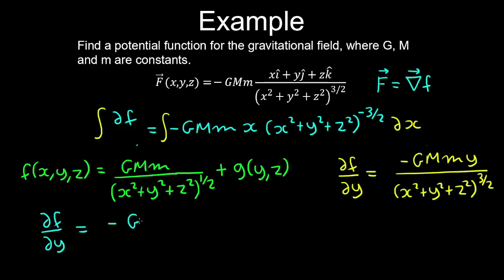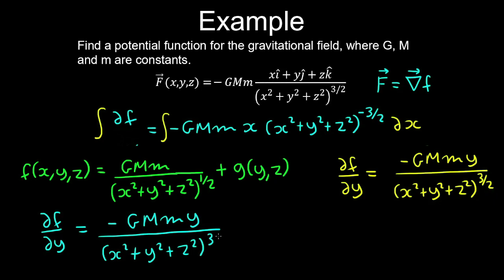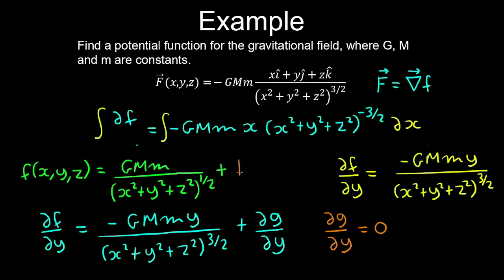So that gives minus GM by y over (x squared plus y squared plus z squared) to the 3 on 2, plus the partial of g with respect to y. So if we equate these two expressions, we see that the partial of g with respect to y is equal to 0. So therefore g is constant with respect to y, and this constant of integration is only a function of z.